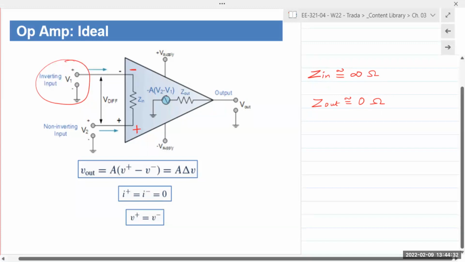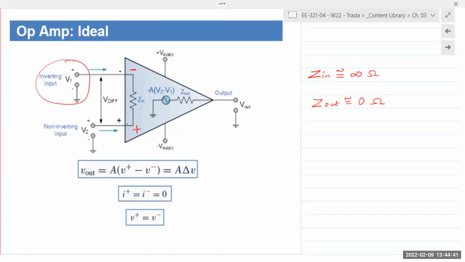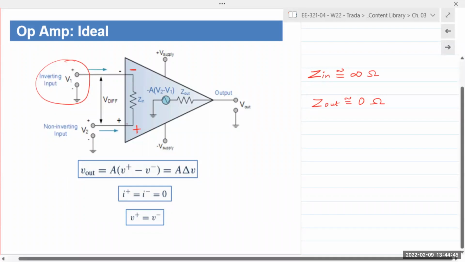And of course, it's a constant voltage source that is amplifying the differential input with the gain A. Now V out, as I said, is V plus, the non-inverting input, minus the inverting input, times the gain.